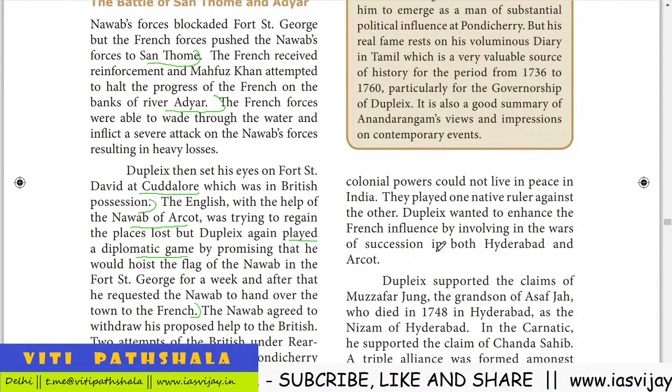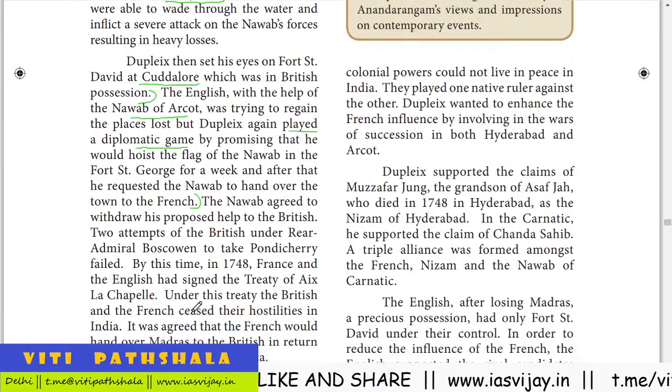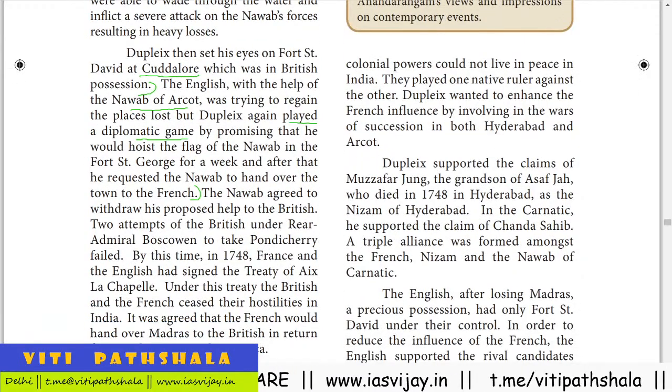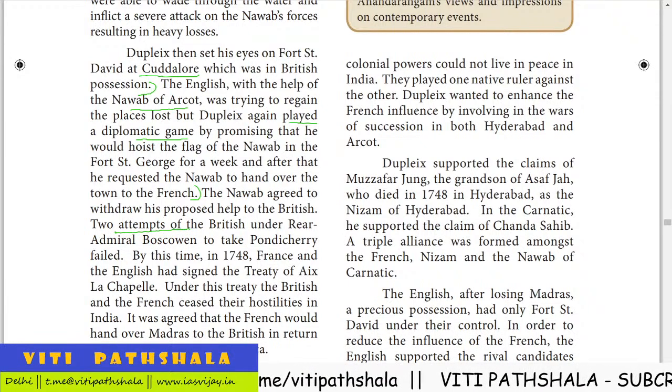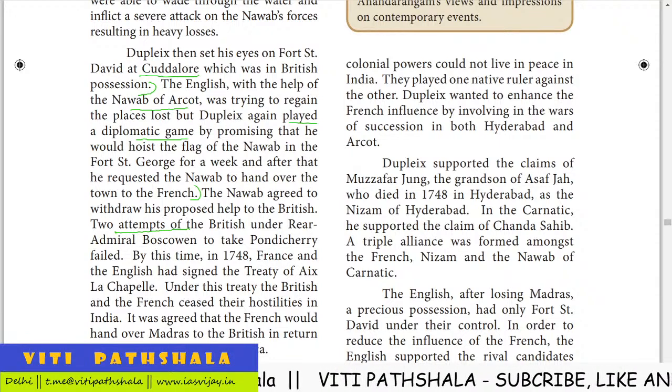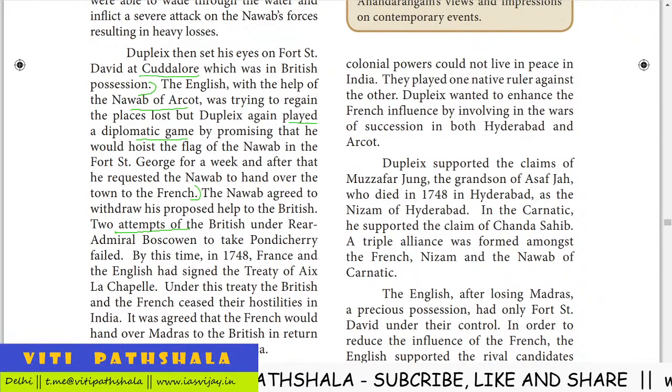The Nawab agreed to withdraw his proposed help to the British. After 2 attempts by the British under Rear Admiral Boscawen to take Pondicherry, they failed.